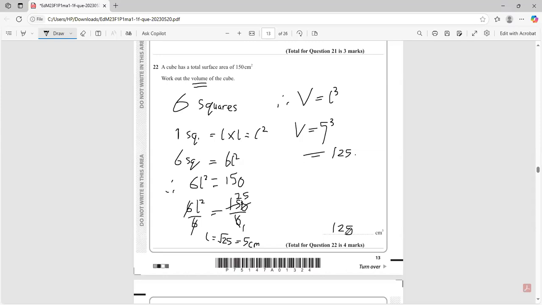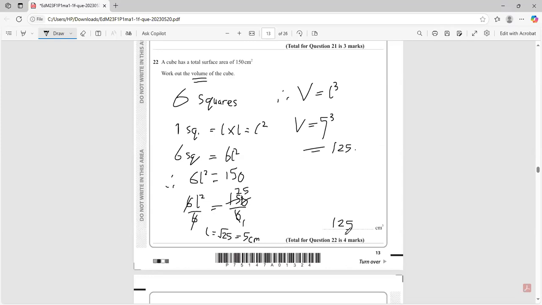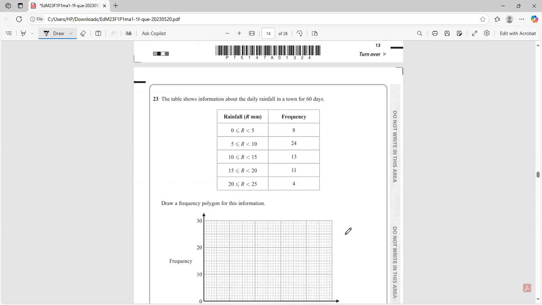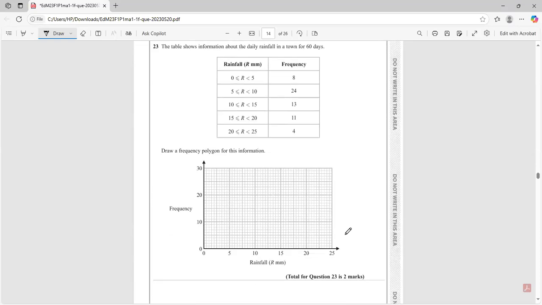So can we move on from this? Okay, this one looks like a histogram. It says draw a frequency polygon for this information.